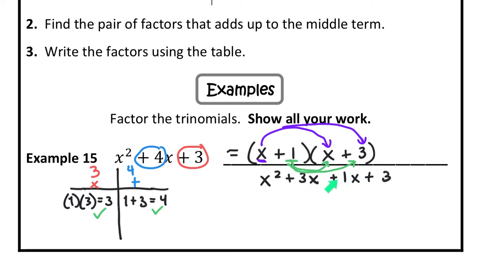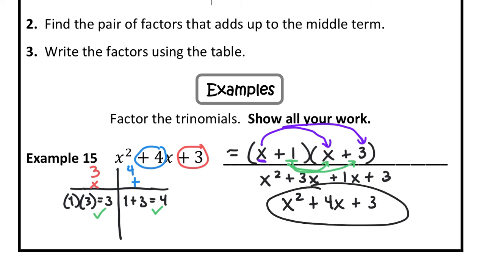Combine like terms. I can add the 3x and the 1x. So I'm going to bring down the x squared. 3 plus 1 is 4x. And bring down the plus 3. So when I multiply it back out, does it give me the problem that I started with? Yes, right? x squared plus 4x plus 3.